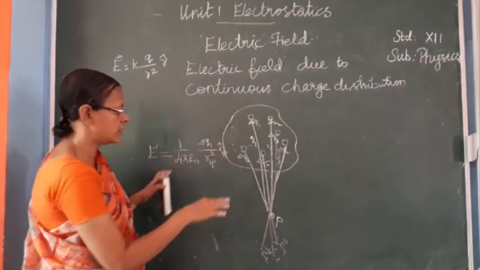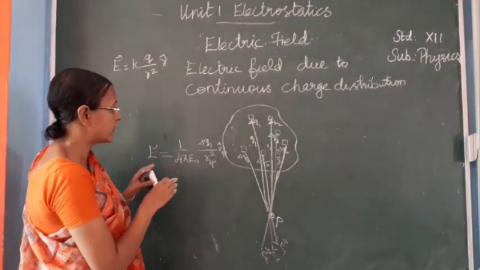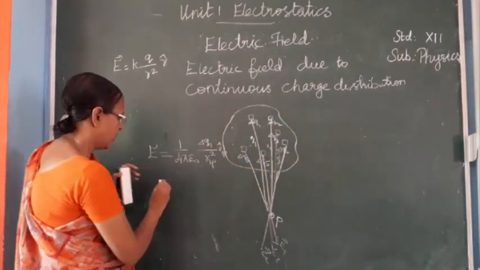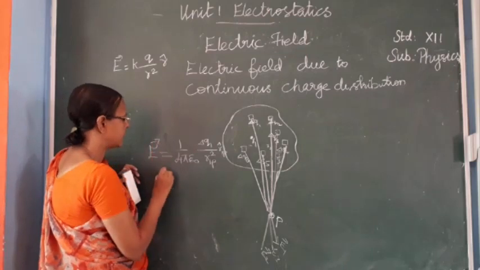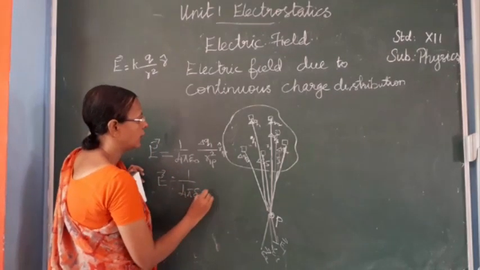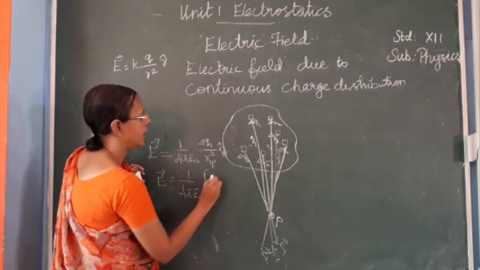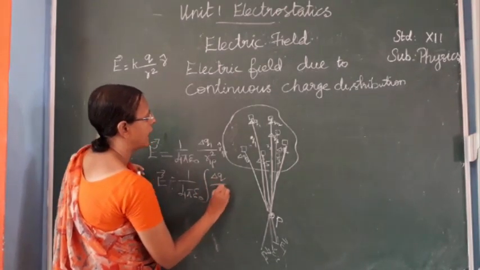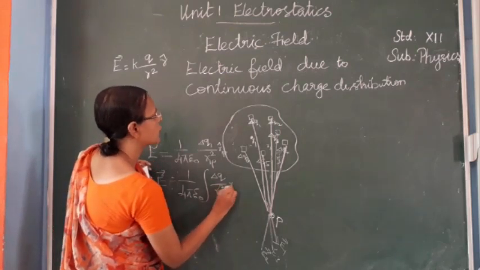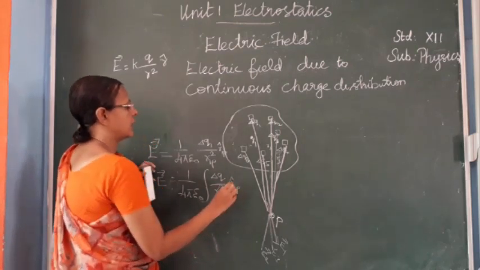Next, we have to find out for all the charges. The electric field, which is a vector quantity, is 1 by 4 pi epsilon 0 integral of del Q divided by r_P square, r_P vector.